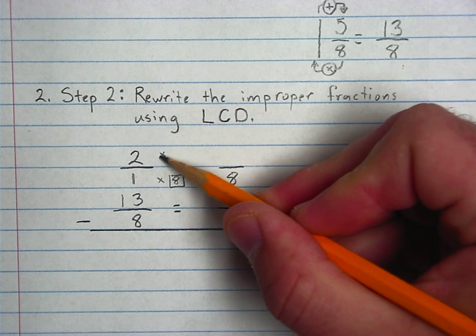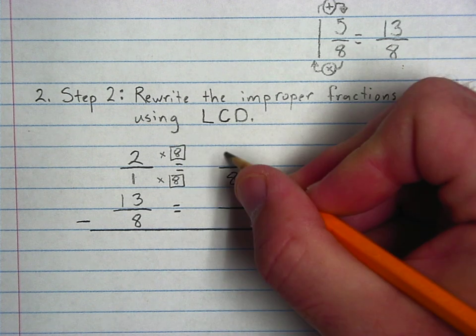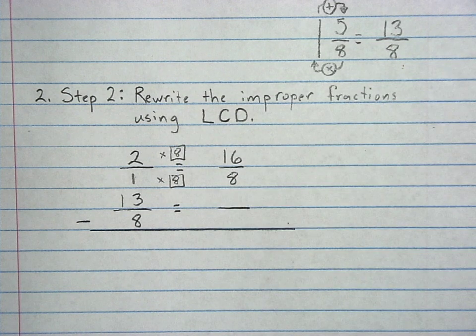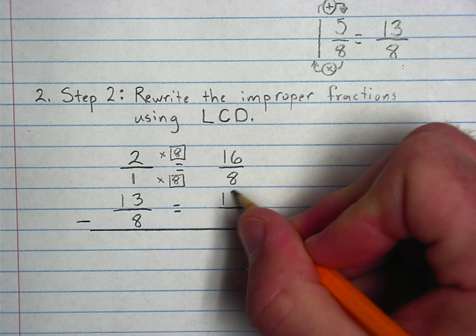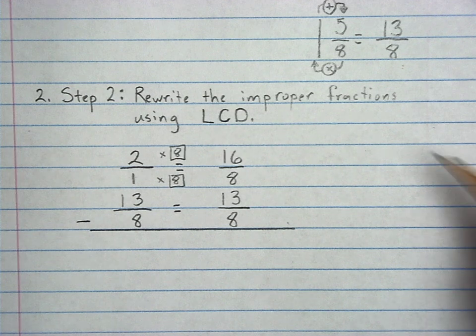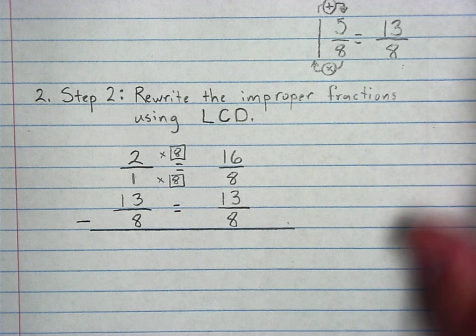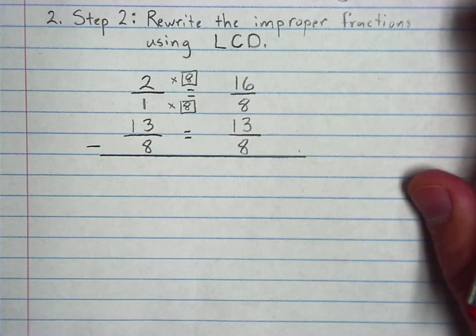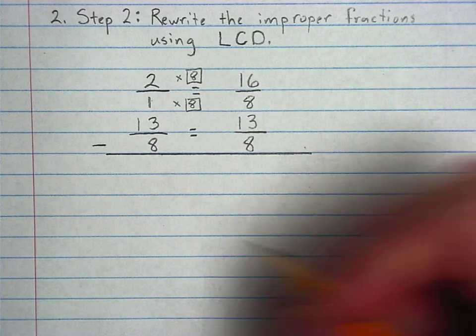I will do the exact same thing with the numerator. 2 times 8 gives me 16. I don't have to multiply 13/8 by anything because it's already over 8. Okay, 16/8 minus 13/8. Hopefully that looks a little bit easier to subtract.